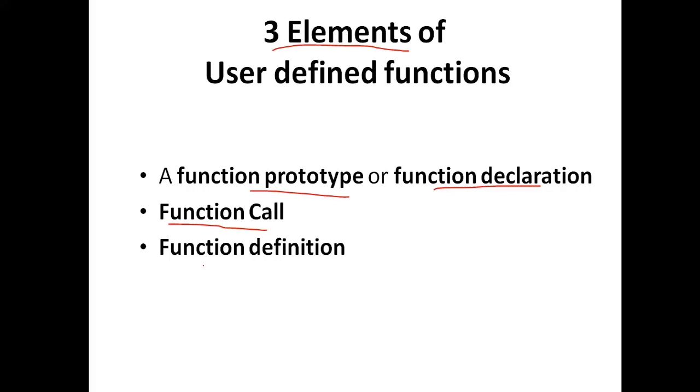So these are the three important elements with respect to functions. You will get this question in the exam: explain the three elements of a user defined function. There you need to speak about the function prototype or function declaration, function call, and function definition. We'll look at all these three in detail, very slowly.